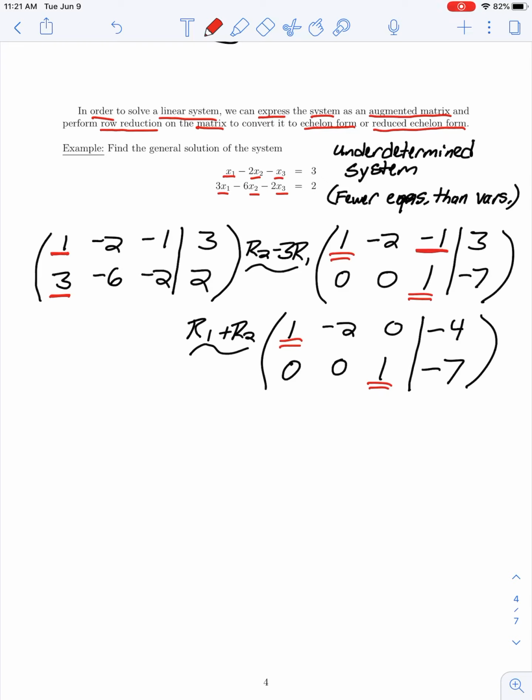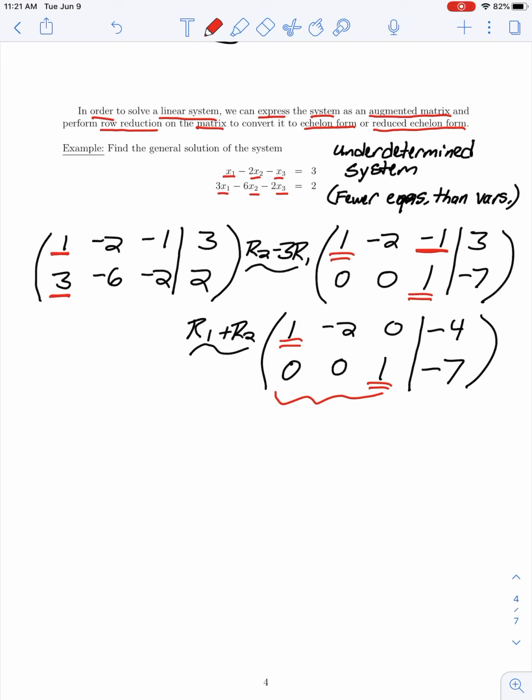Now here, we only have 2 equations in 3 variables. So our coefficient matrix is a 2 by 3 matrix here. But if we were to think about that matrix as being square, we could impose a third equation of just 0 equals 0, the trivial equation, as a third row, in which case we're going to make use of a free variable.